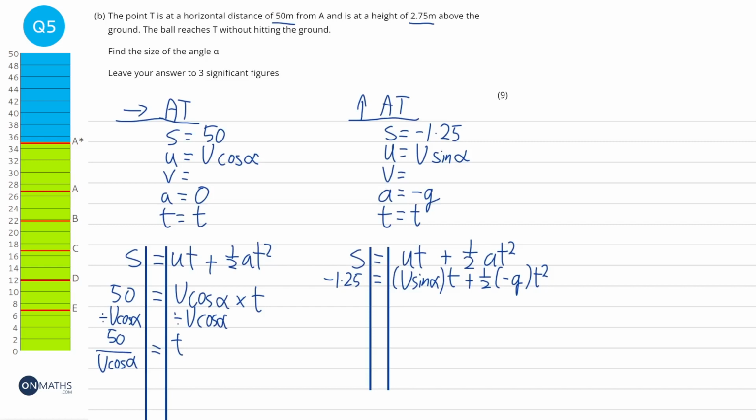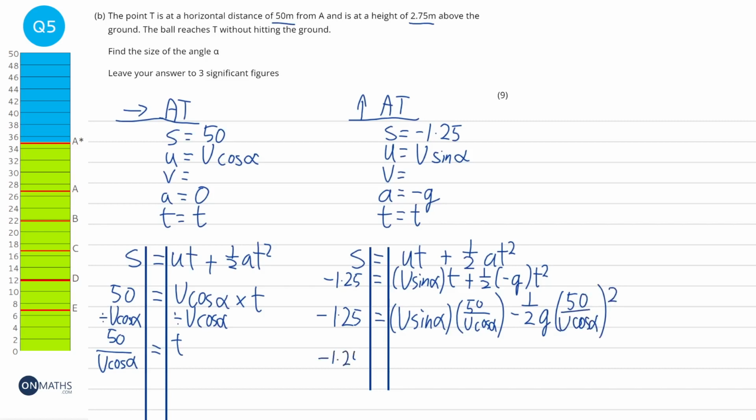Now we know what T is from the horizontal component. It's 50 over u cos alpha. So we're just going to substitute that in. So every time we see a T, we're going to put that in, so 50 over u cos alpha plus half, well, can we simplify that? So it would be minus half g, and it would be 50 over u cos alpha squared.